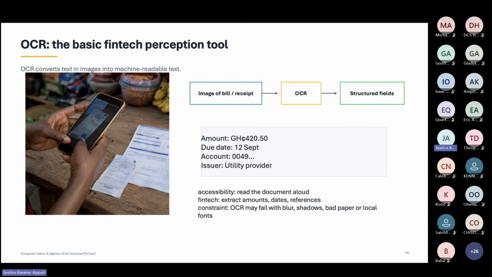And now you don't hear that anymore. You rather will hear something like, the amount I see in there is 420.50 cedis, which happens to be due on 12 September, a year will follow. And the account to which it is being credited is 004 and the issuer.